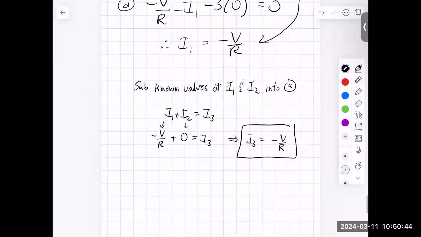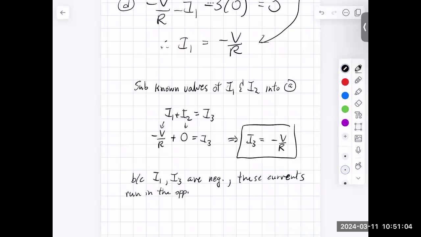And all we have to do is note that because I1 and I3 are negative, these currents run in the opposite direction that we chose at the start of the problem. Okay, good.